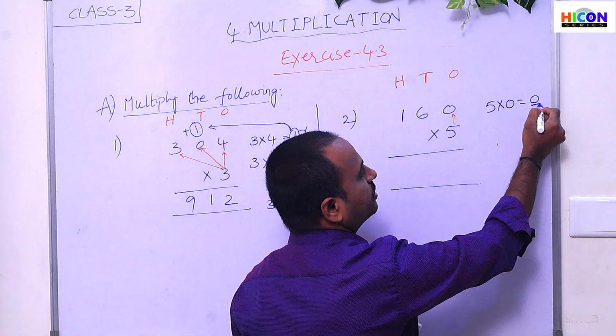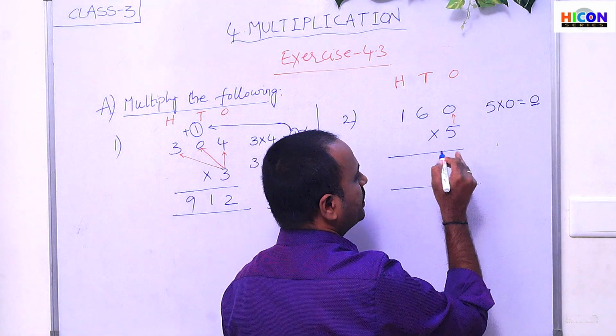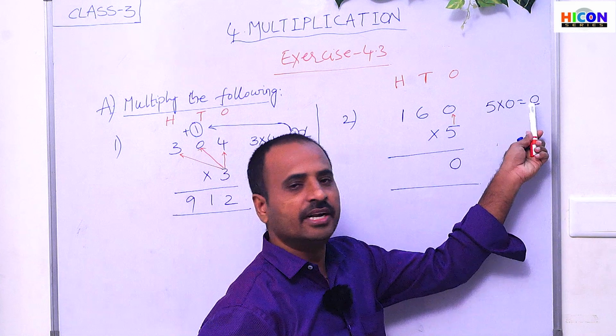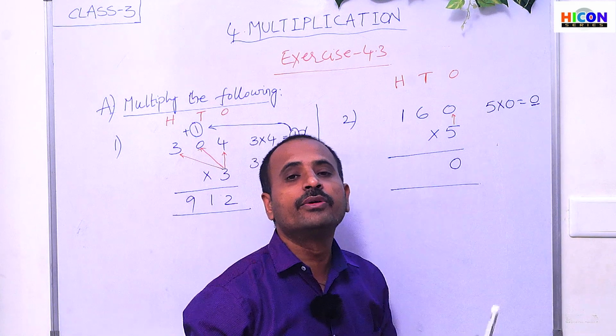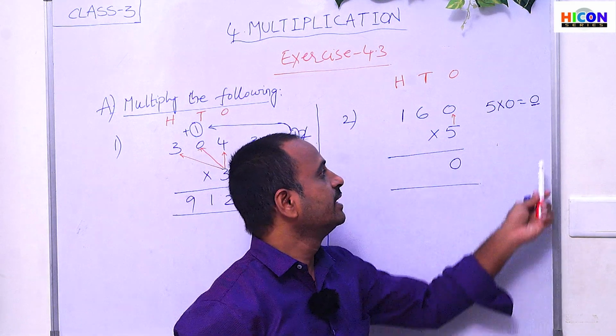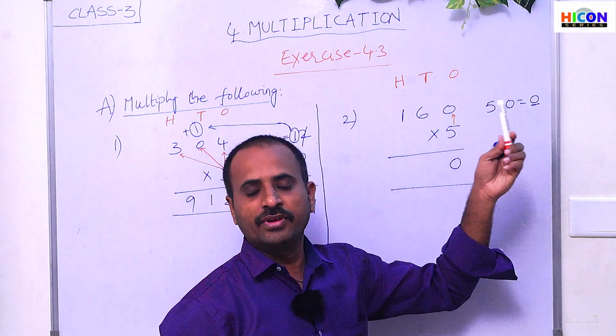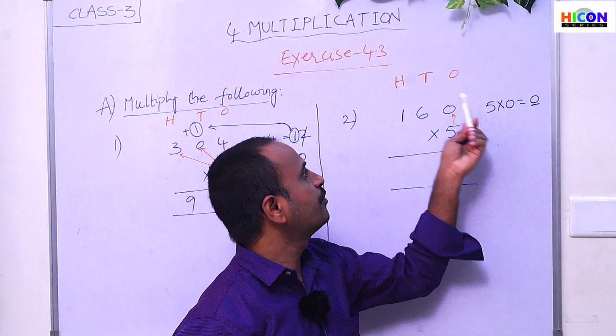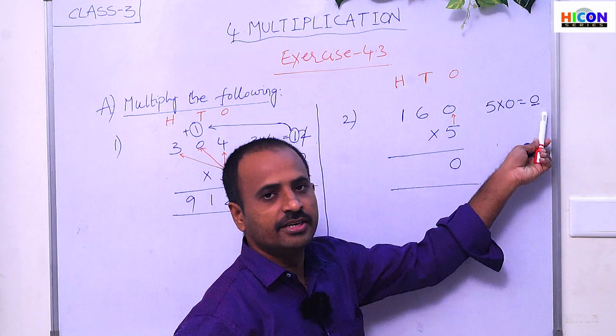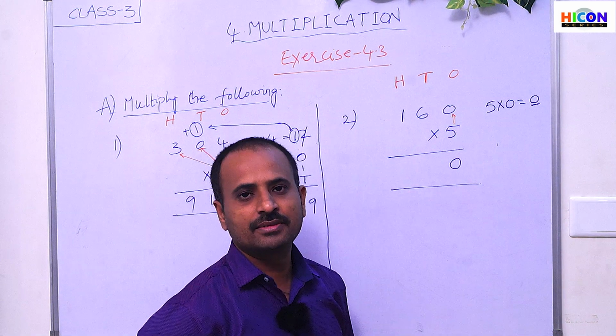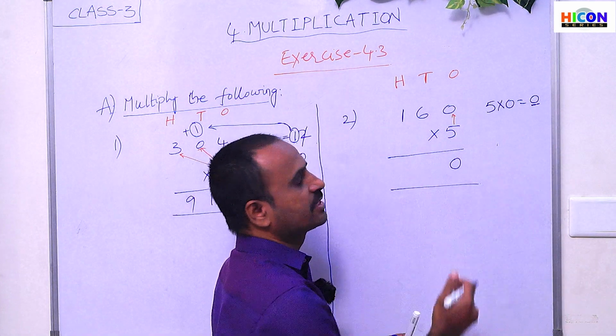So the product is 0. Write 0 under the ones place. Because it is a single digit number, there is no need to carry. If it is a 2-digit number, then we have to carry the first digit to the next place and write the second digit in its place. So now the ones place is completed.